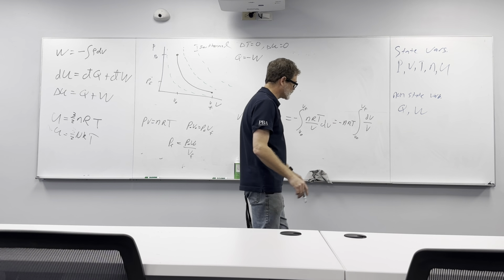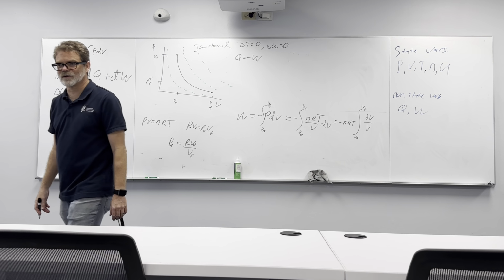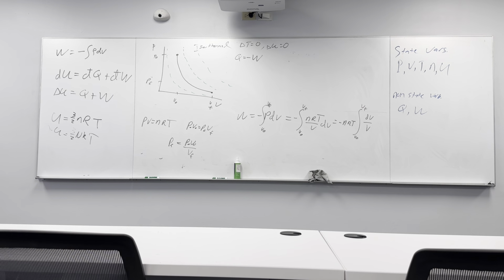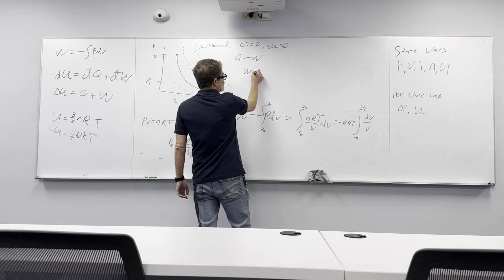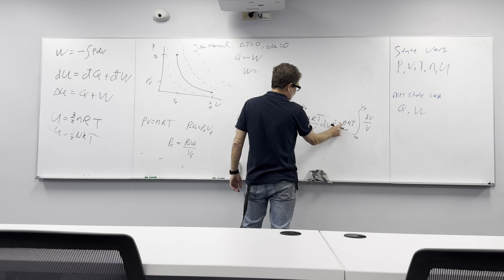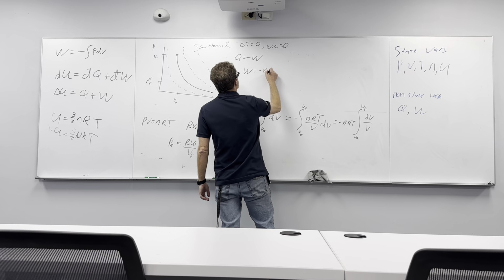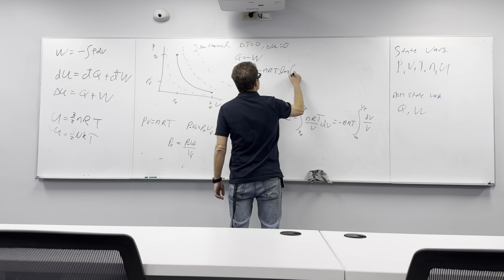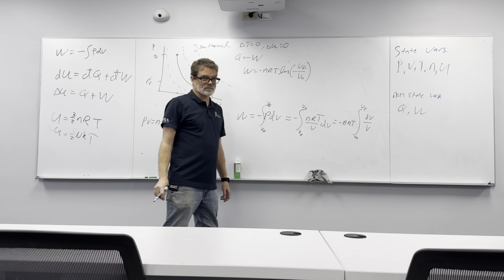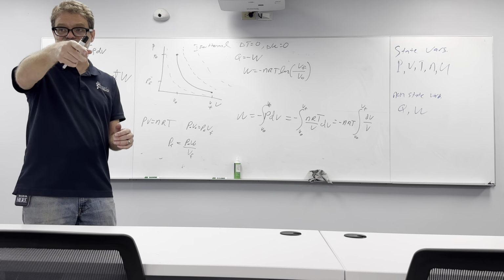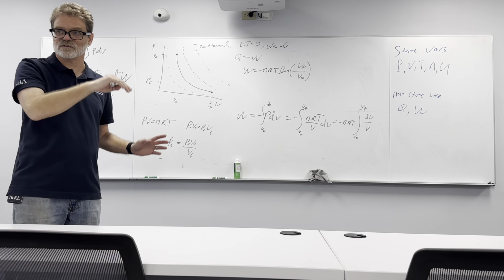What's that? You should know that integral. Is it log? Natural log, right? dx over x is natural log. So the work is equal to minus nRT ln of V final divided by V initial. Because you take ln V final minus ln V initial, but when you subtract logs, you can write them as a division.